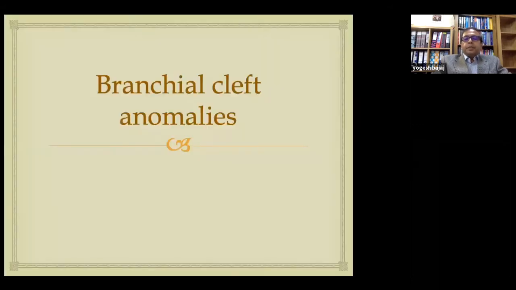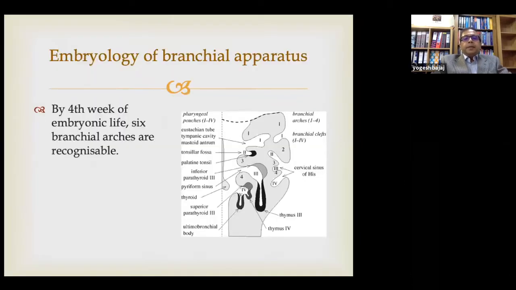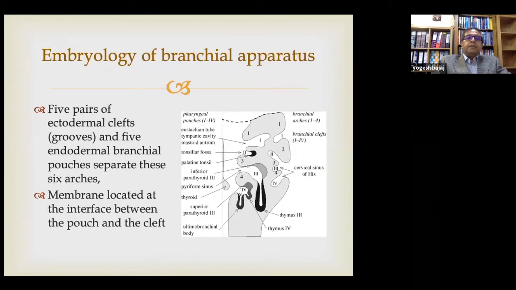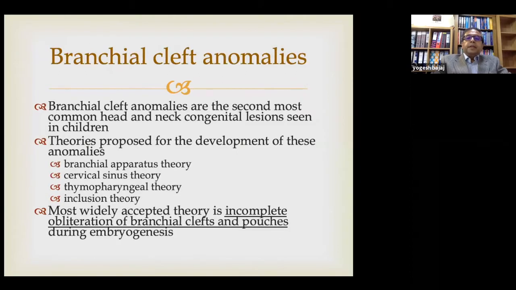Moving on to the other big topic, which is branchial cleft anomalies. Again, the embryology comes in. I'm sure you're aware there are 6 branchial arches that develop, with 5 pouches and 5 clefts. Ultimately, all these branchial anomalies are somehow related to these branchial clefts.